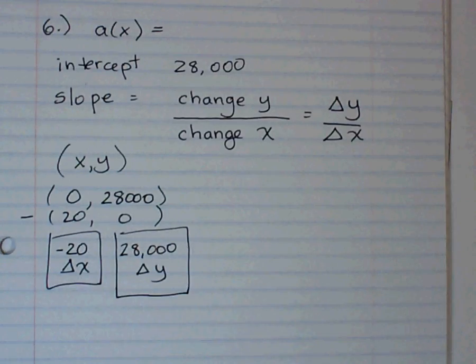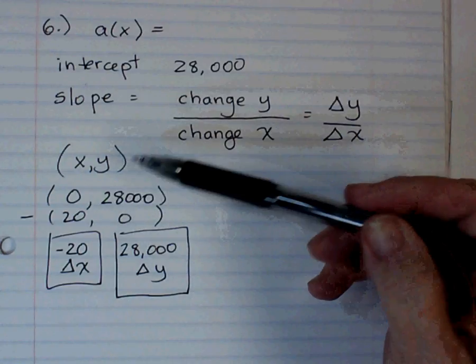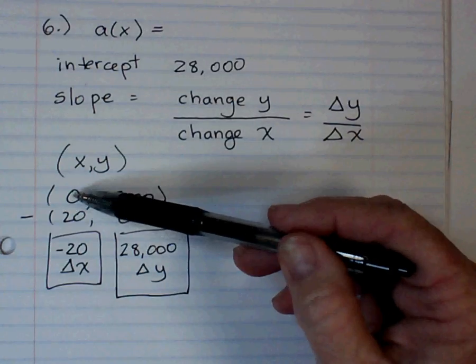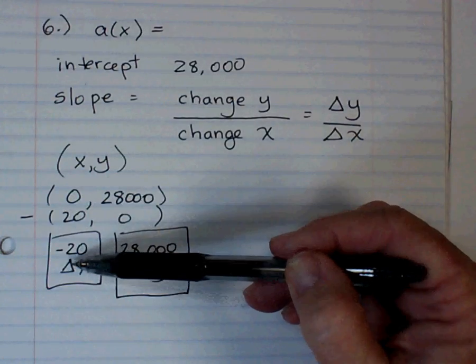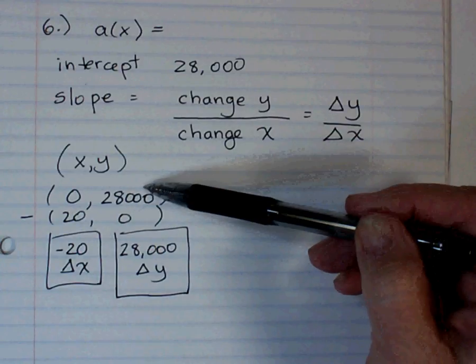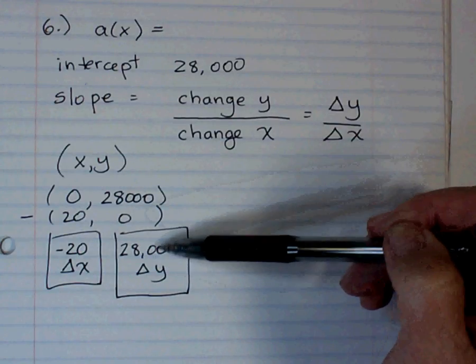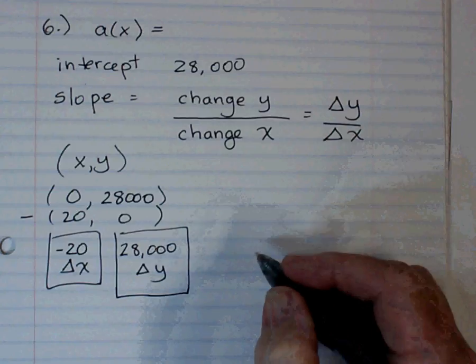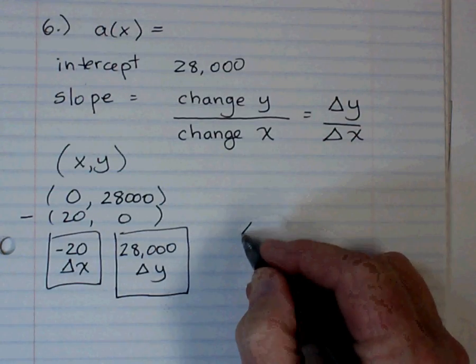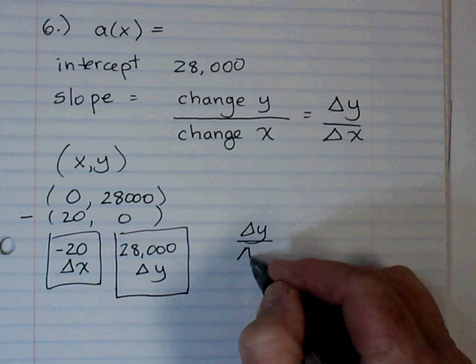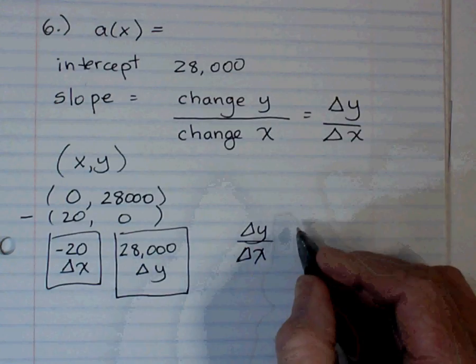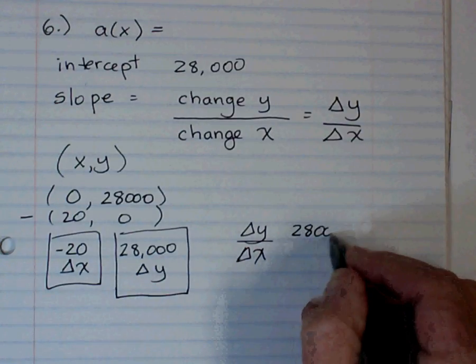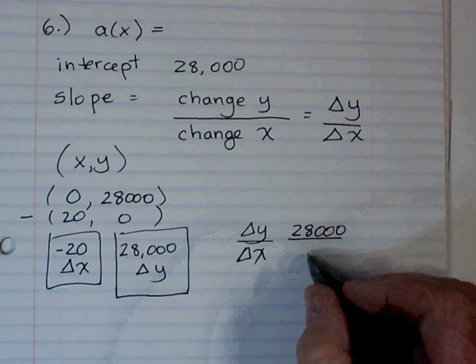Okay, so make sure you're getting the concept here. These are the two x values, and I find the change by subtracting. These are the two y values, and I find the change by subtracting. And then I just do my ratio. 28,000 divided by negative 20.